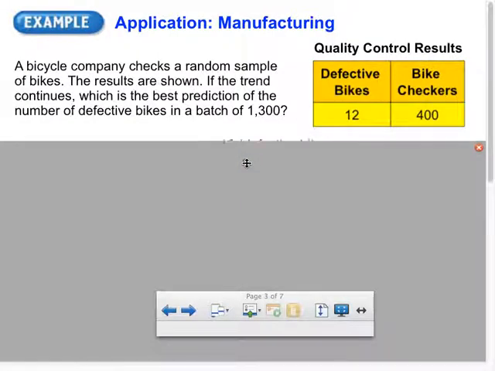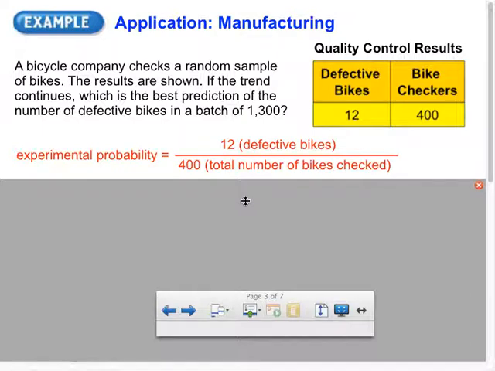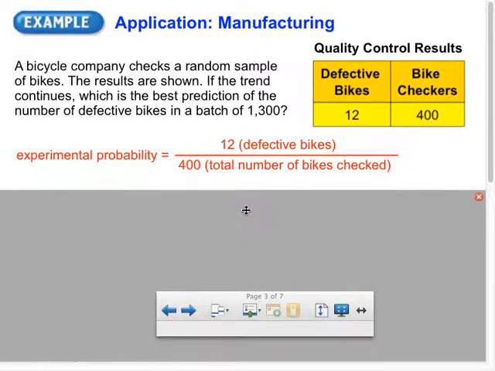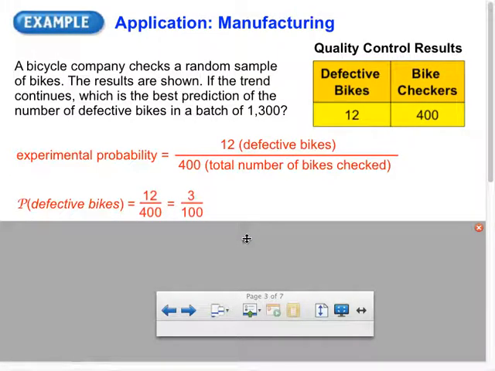You are setting up a proportion there, but that's not the exact one. First, let's figure out the experimental probability. Okay, I can use this ratio, and some students this morning did. It's better if you simplify it, because when you set up the proportion and you solve it, you're dealing with smaller numbers. Okay, so this is the percentage, or this is the proportion of defective bikes in that random check.